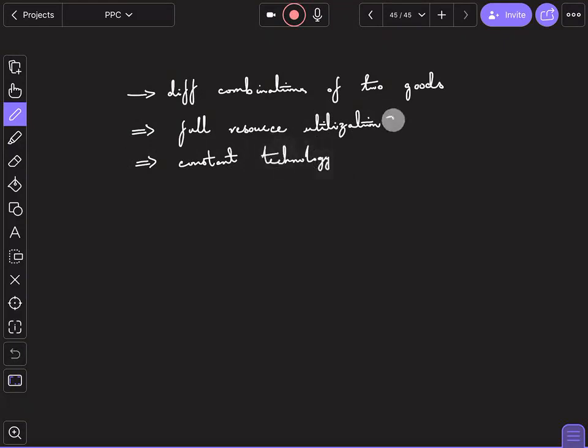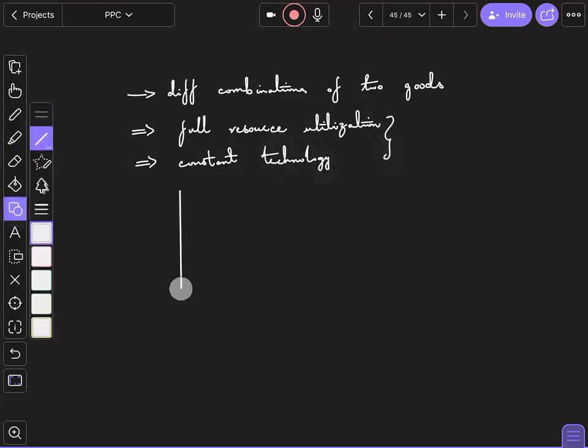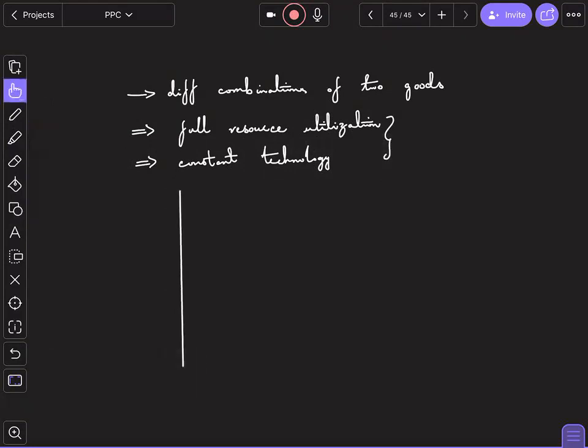And with these two assumptions, we draw the PPC, which illustrates the different combination of two goods.